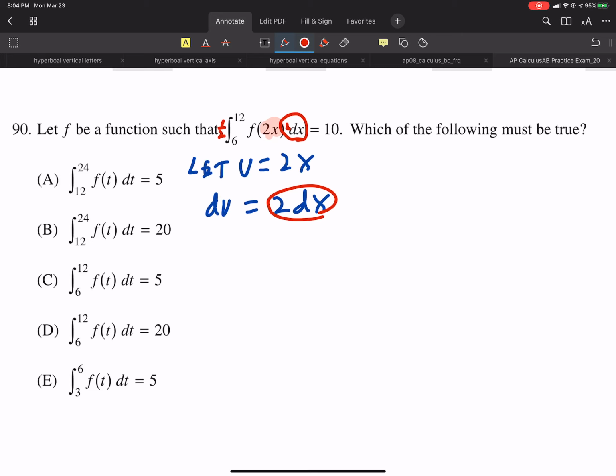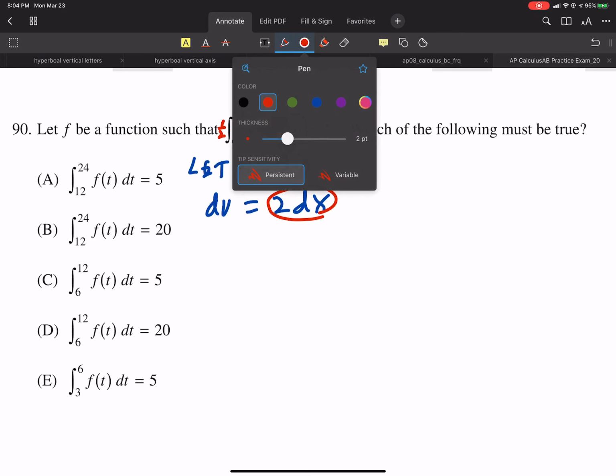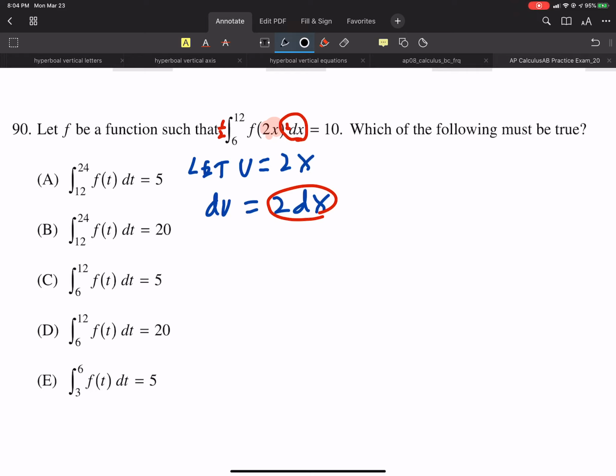So here's what happens. I can substitute things out now. Use substitution. The 1/2 remains. This is just u, so I replace that with u, and this is du. But here's the next problem. That 6 and that 12, those are values of x.